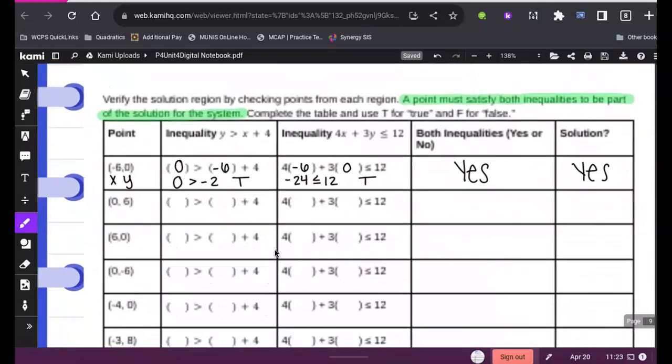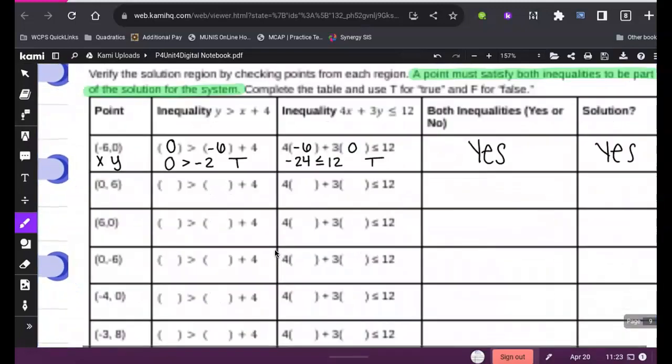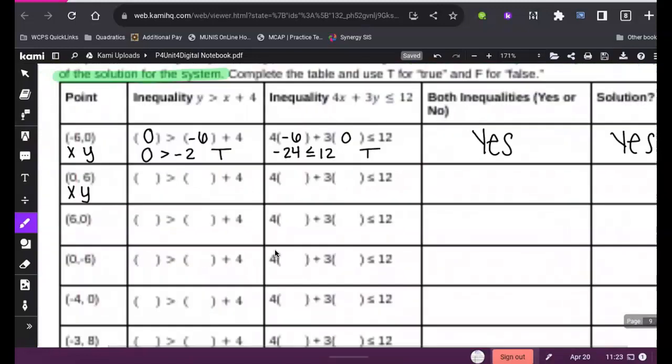So we're just going to go through each coordinate, substitute the x and the y, and determine if it satisfies one or both of the inequalities. So 6 is greater than 0 plus 4. So 6 is greater than 4. That is true.